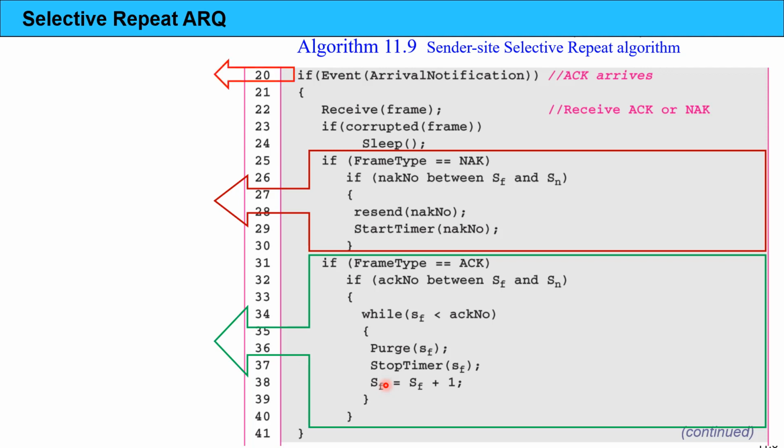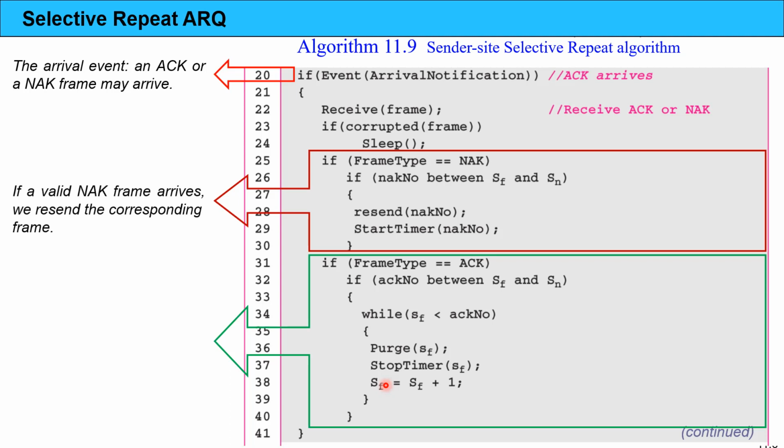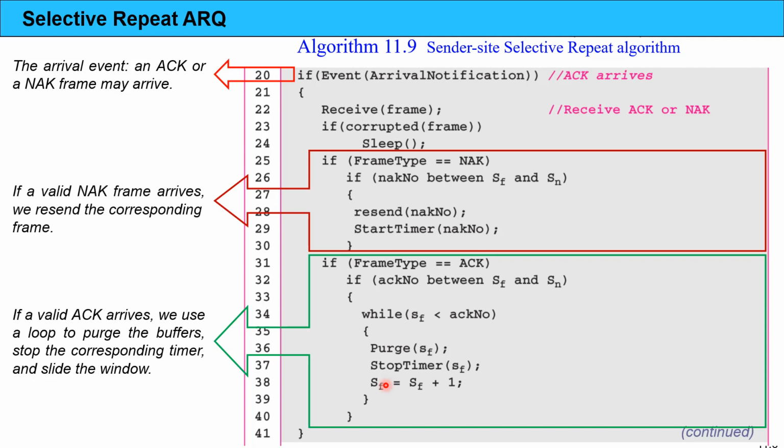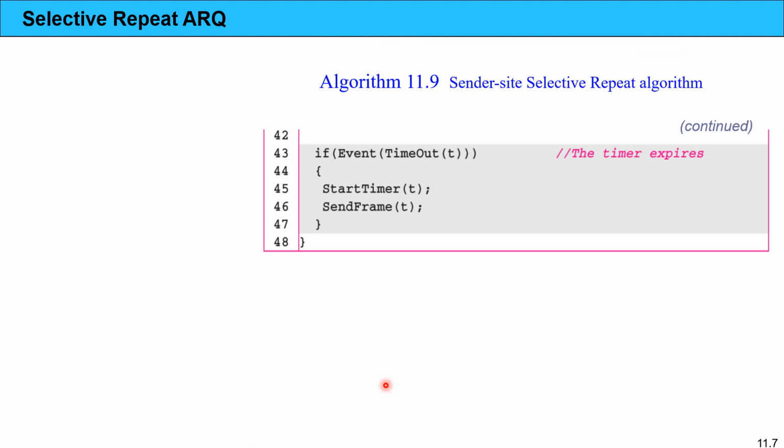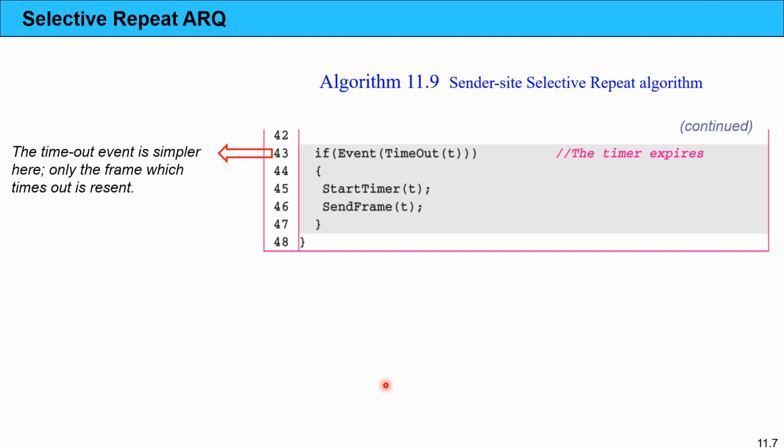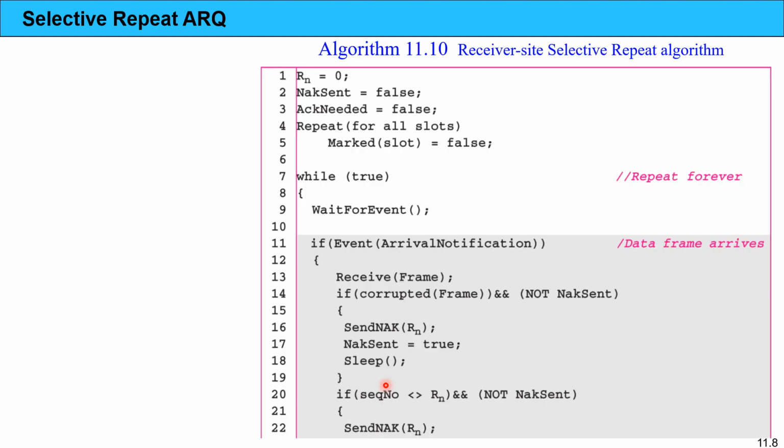Now the arrival event at the sender can be acknowledgement or not acknowledgement. If a valid not acknowledgement arrives, I will resend this frame. When I time out, I will start a new timer and resend the frame.